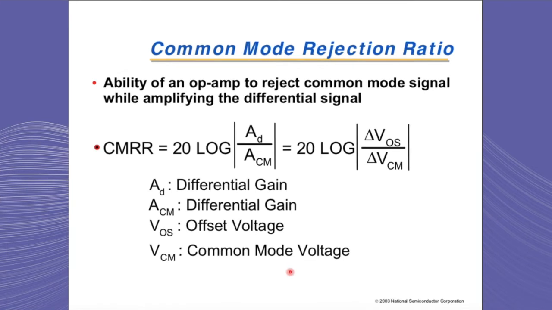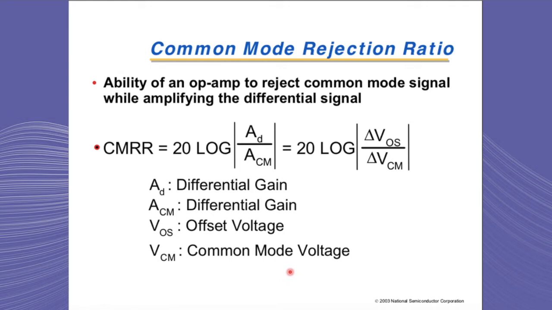Common mode rejection ratio decreases with frequency. As we mentioned, common mode rejection ratio is the ability of an op amp to reject the common mode signal while it is still amplifying its differential signal.